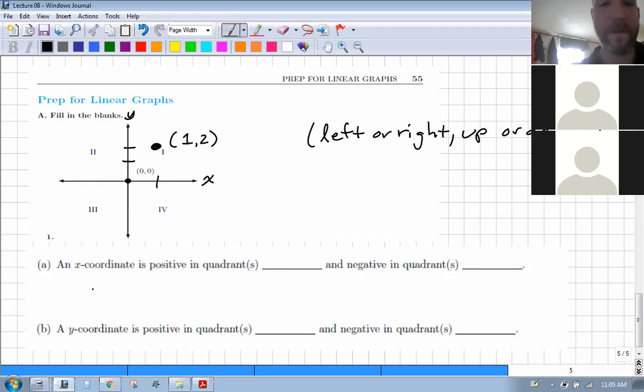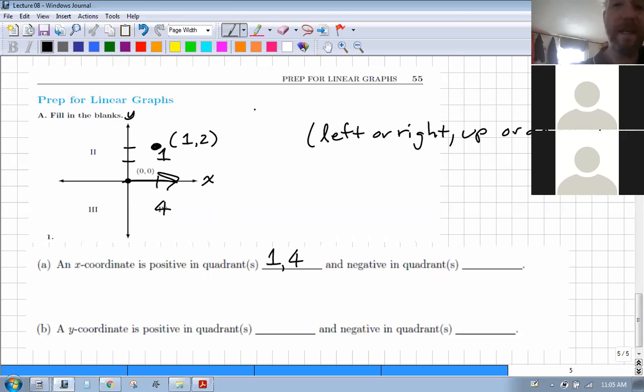So if an X coordinate is positive, in which quadrants? Anywhere over here. So that's quadrants 1 and 4, because you're going to the right, that's where your X coordinate is positive.